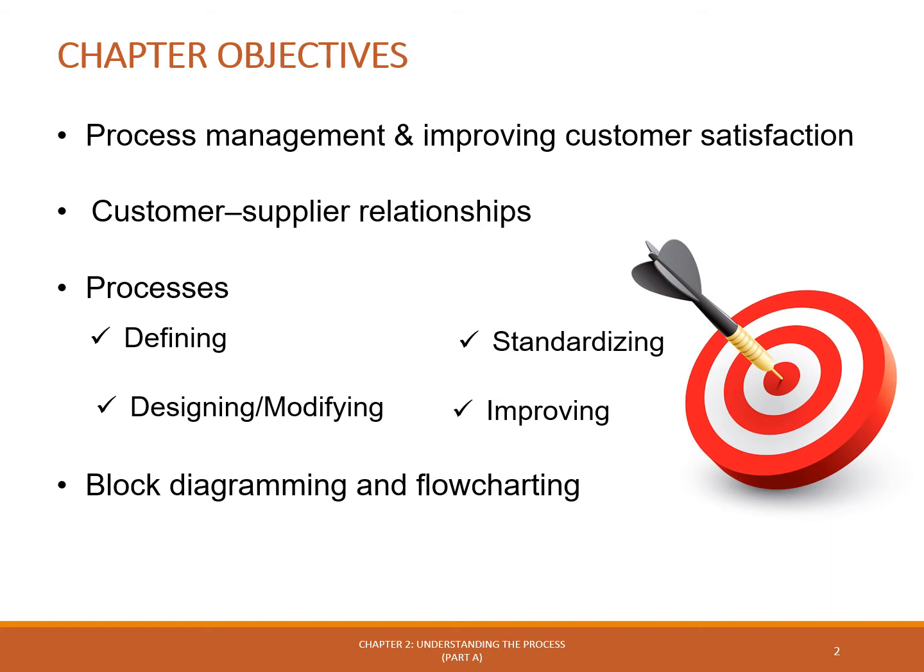With that, we'll be ready to describe the various techniques of block diagramming and flowcharting, and to show their use in process mapping, examination, and improvement. And finally, we'll learn how to position process mapping and analysis in the context of business process redesign and reengineering.